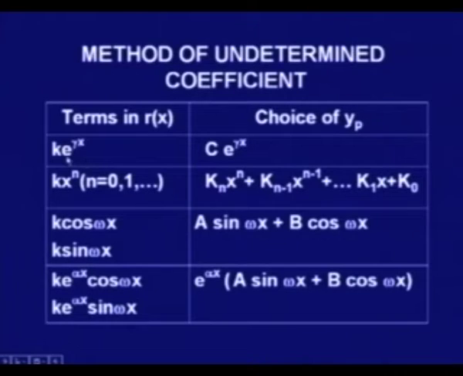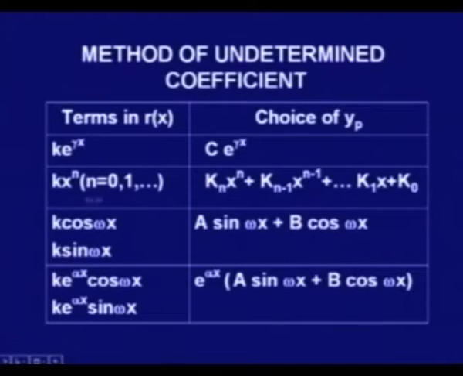That says that if R x is of the form k times e to the power gamma x, choose y p as c times e to the power gamma x. If my R x contains polynomials, here I have given the example k times x to the power n, then the choice of y p will be a polynomial of degree n.